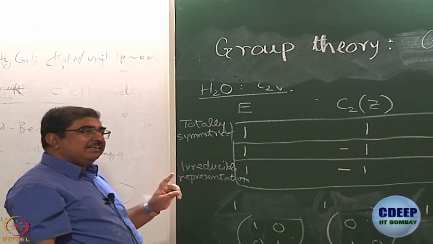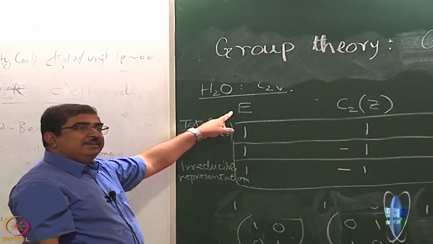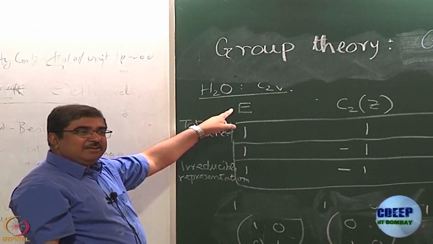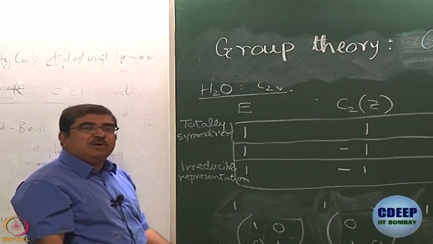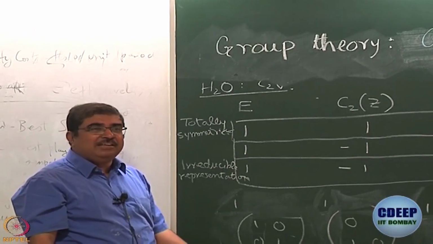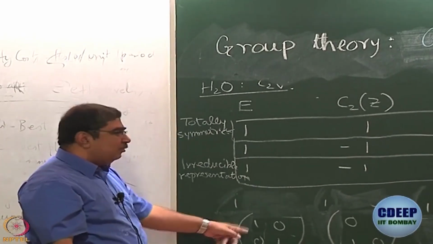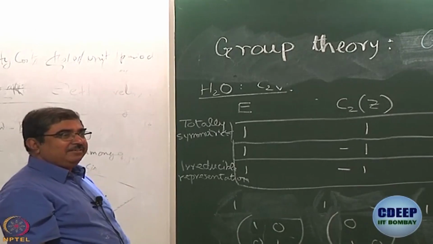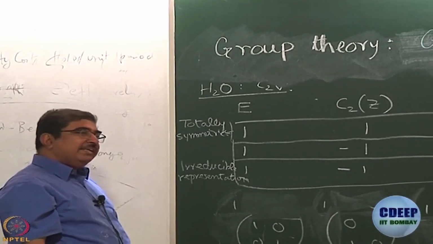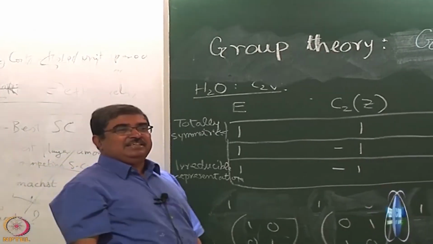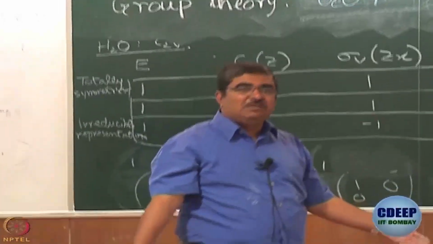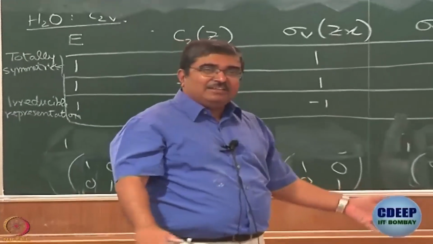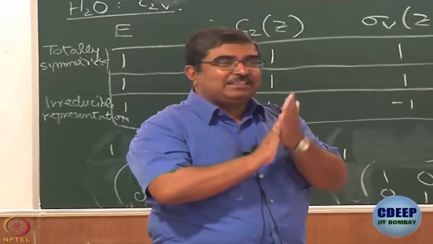What is that character for the transformation matrix of E for a one dimensional representation? Has to be 1, cannot be anything else, there is only one number anyway. What is it for a 2 dimensional representation? 2. What is it for a 5 dimensional representation? 5. What is it for a 232 dimensional representation? Okay, that is kind of too much of an exaggeration.